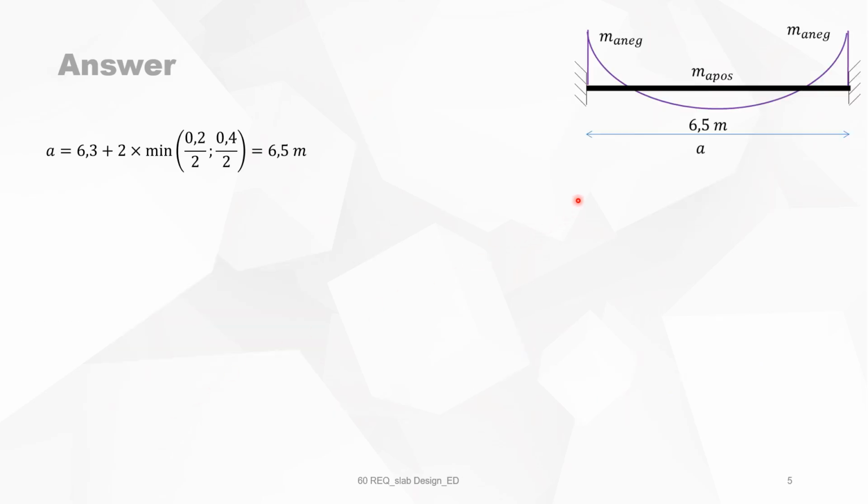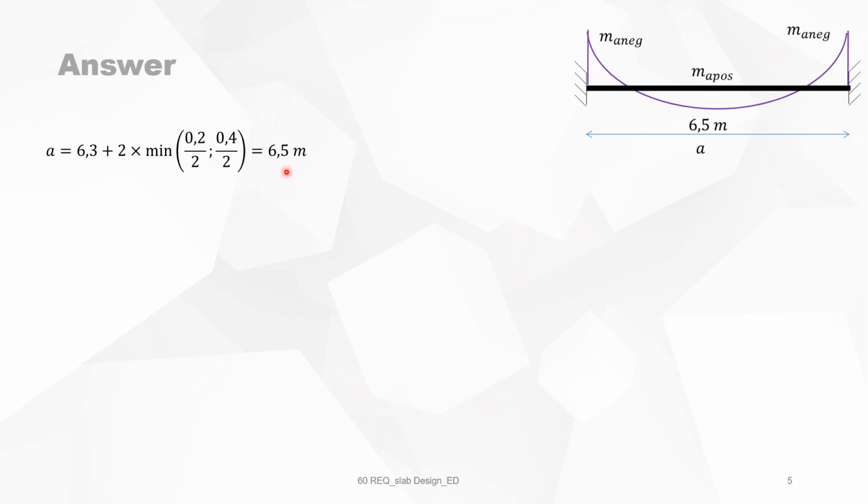So first, we look in the A direction. The net span is, of course, equal to the clearance, which is 6.3 meters, plus 2 times the minimum of half the thickness of the slab or half the thickness of the support.